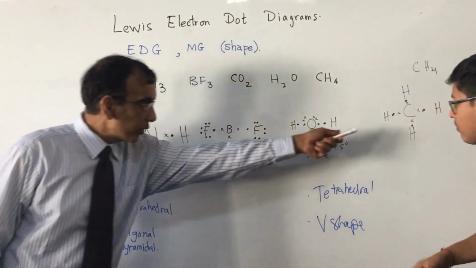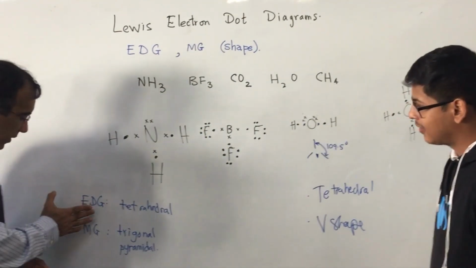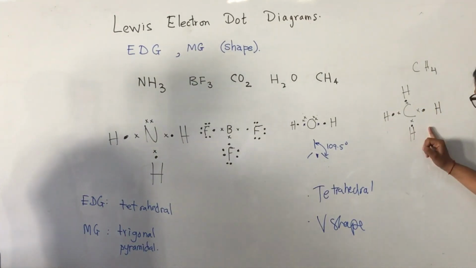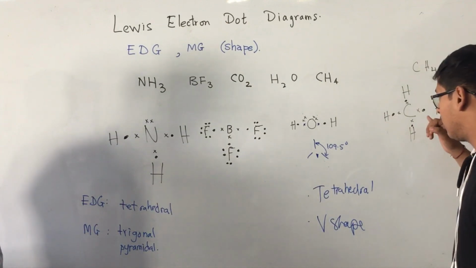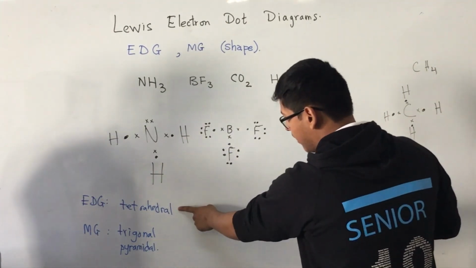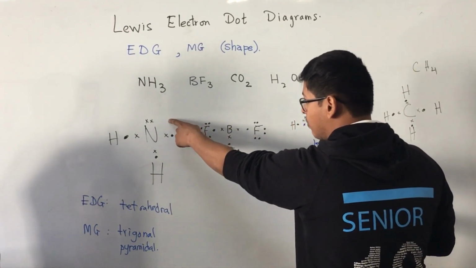Okay, let's ask you a question about CH4 then, Sid. Why is it going to have the same answer for both of these? This is because CH4 is considered to be an ideal tetrahedral, and in both of these cases the only reason why the EDG and MG differ is due to the electron lone pair.